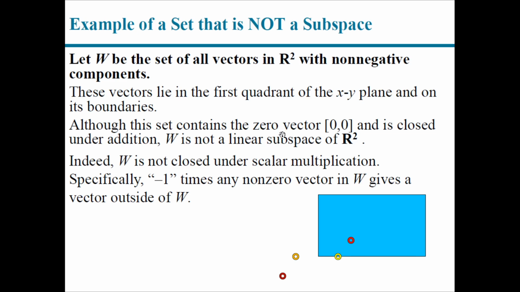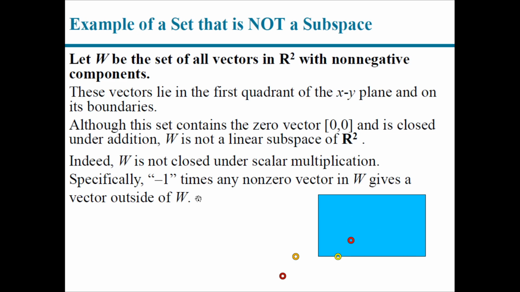And even if I add two vectors from the first quadrant, with first component greater or equal to 0 and second component greater or equal to 0, the result will also have both components greater or equal to 0. So 0 belongs to the set, and the set is even closed under addition.